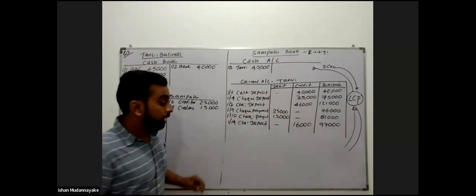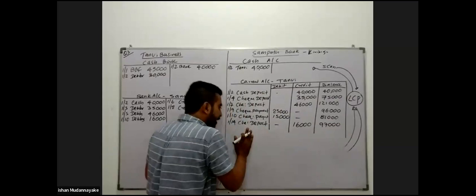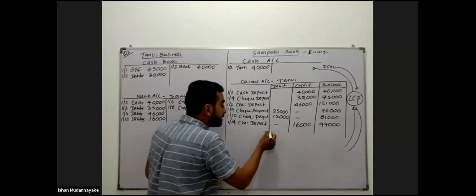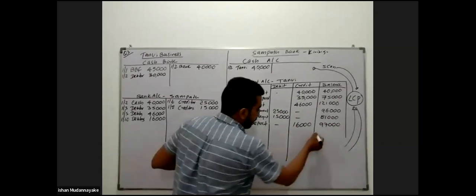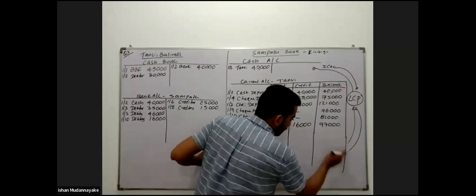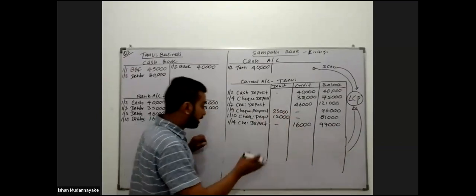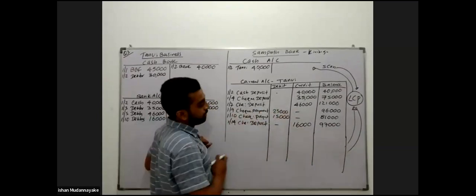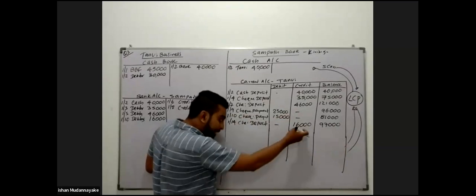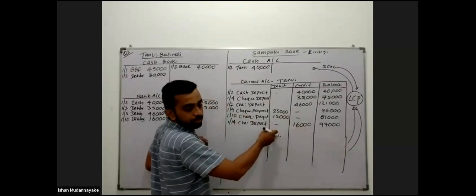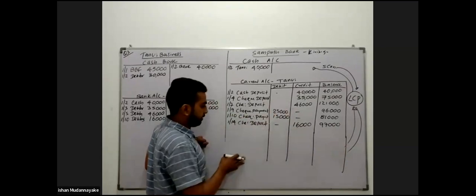Right. Then at the same time, again they reverse this double entry. At first they pass the entry, and at the same time they reverse it. How to reverse? Again they debit this 16,000 to Tani's current account. They reverse the entry.